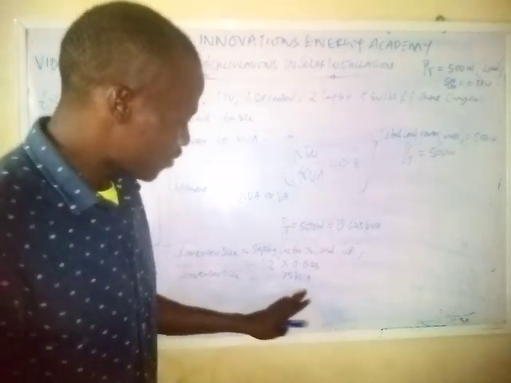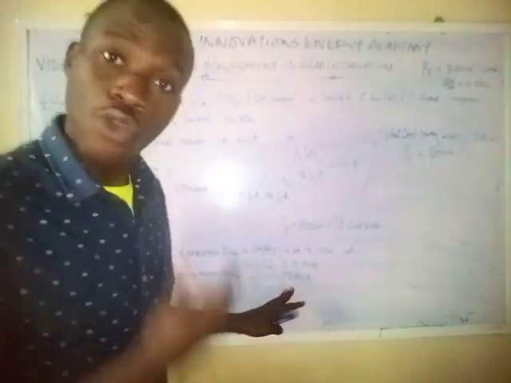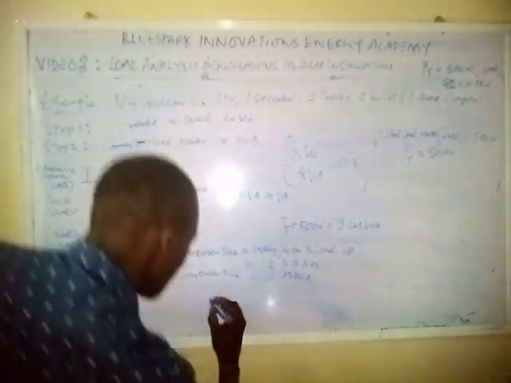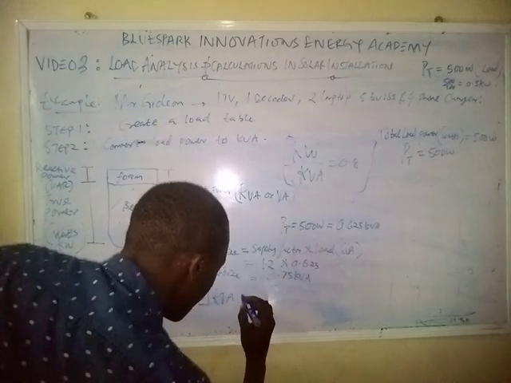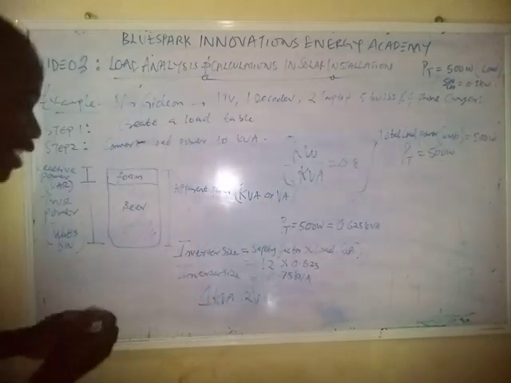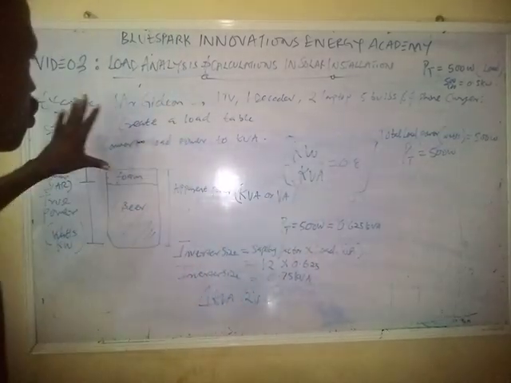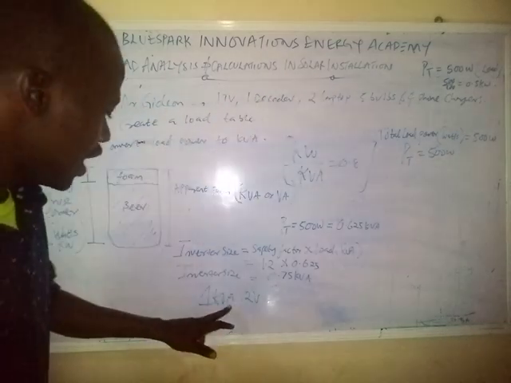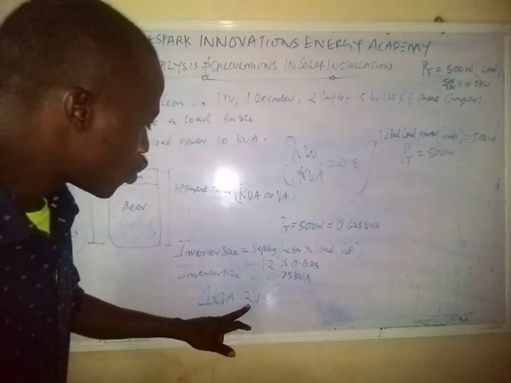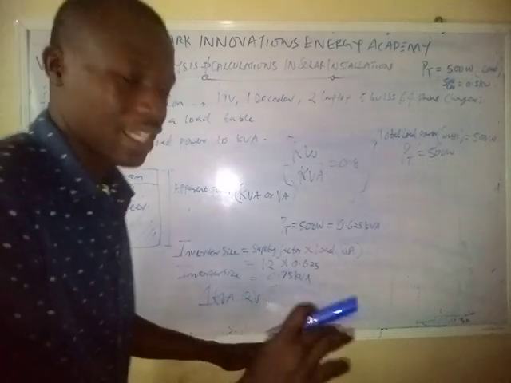The closest inverter you get to this is a 1 kVA inverter, which is a 12 volts inverter by standard. So in order for you to be able to power the load Mr. Gideon needs, you need a 1 kVA 12 volts inverter standard.